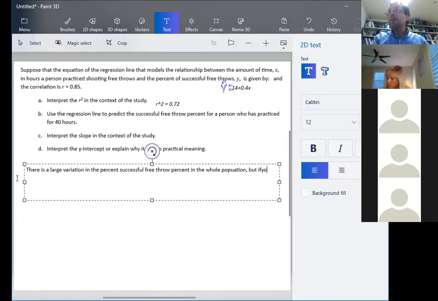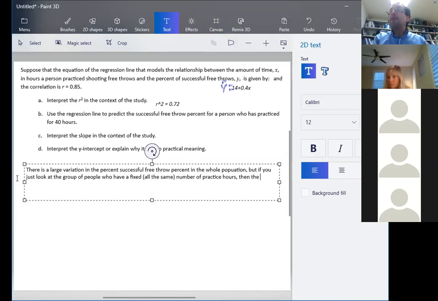But if you just look at the group of people who have a fixed number of practice hours, then the variation on average is reduced by 72%.